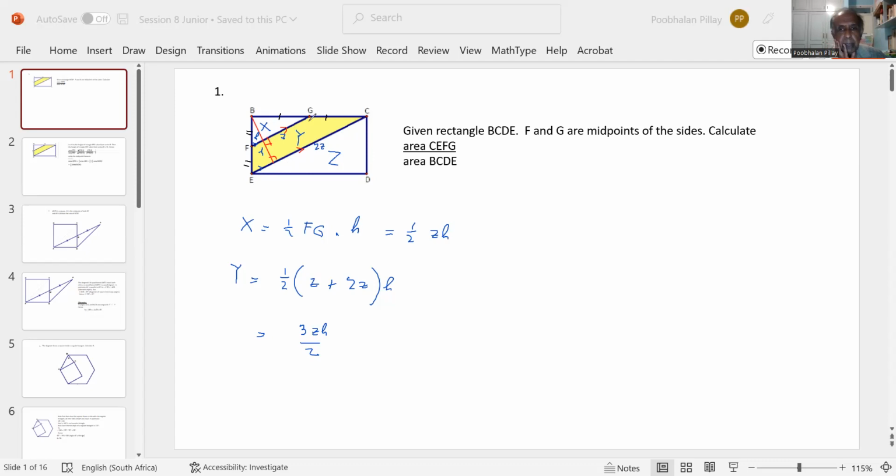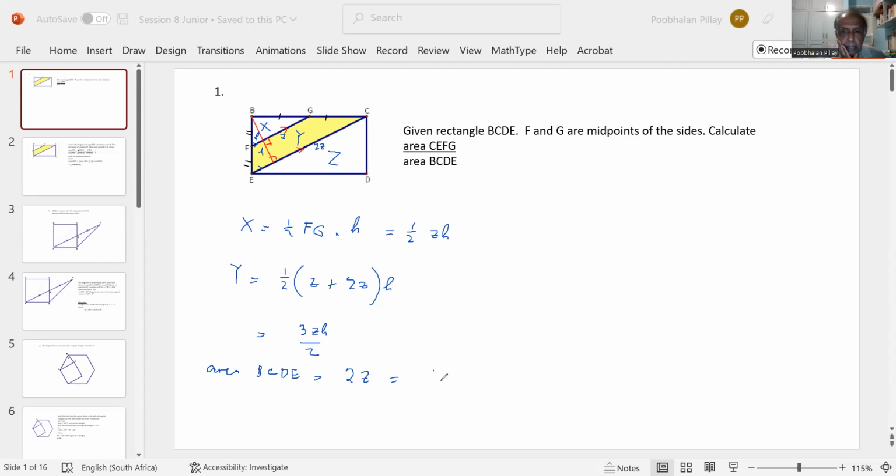So the area of this entire rectangle, the area of the BCDE, is equal to twice the area of this triangle, because the diagonal bisects the area of a rectangle.